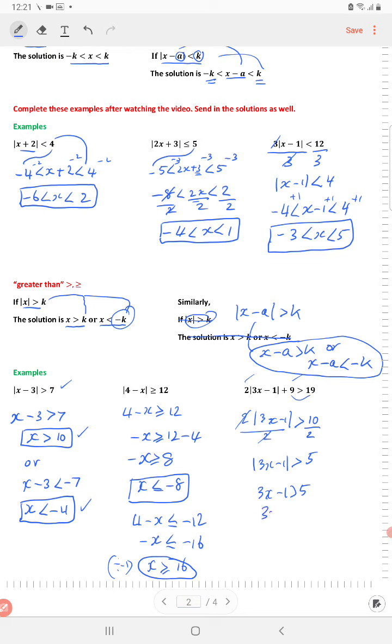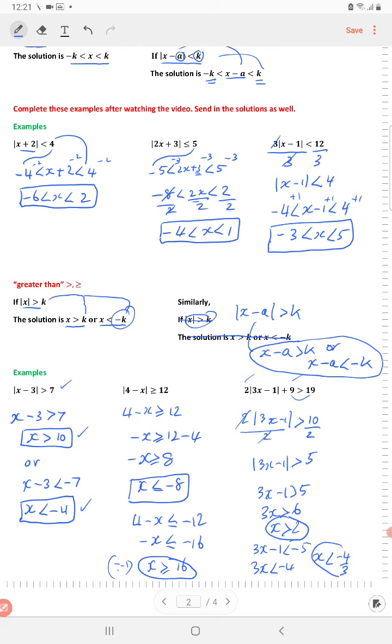So 3x greater than 6, x greater than 2 at the first bit, or 3x minus 1 less than minus 5. But you don't need the absolute sign. Get rid of that. 3x minus 1 less than minus 5. So 3x less than minus 4. So x less than minus 4 on 3.